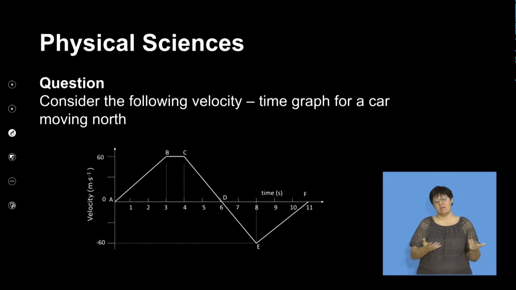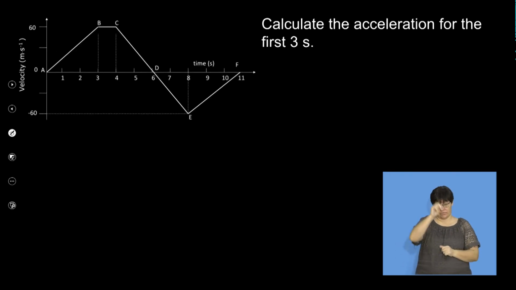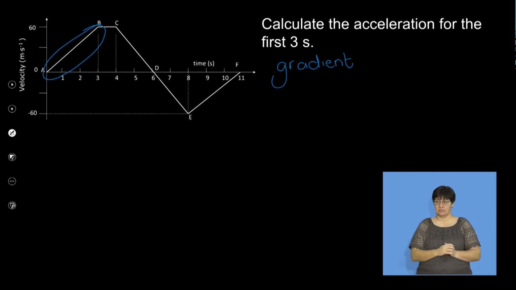So now we've got a velocity time graph, and it's going north. So here we go. We want the acceleration. Now, this is fun. Acceleration for the first 3 seconds. Acceleration from this graph is the gradient. So gradient is my acceleration. So that's change in velocity over change in time.